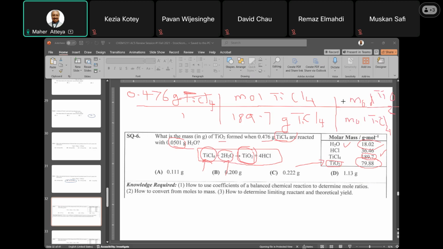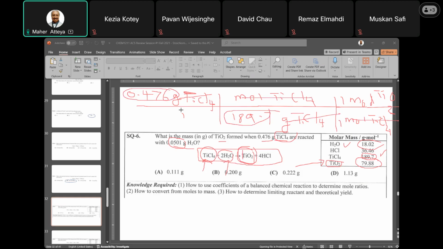This is 1 mole Ti in the reactant, and the product is 1 mole. So the mole cancels out. You just divide this amount here by this amount, the molar mass; the grams cancel out. That will give you the number of moles of your product TiO2.